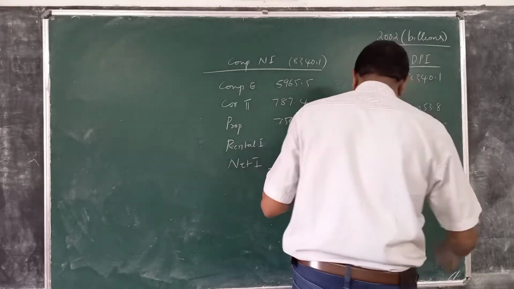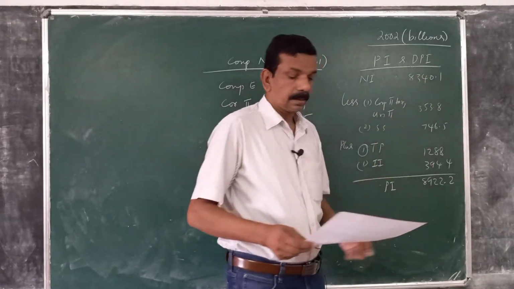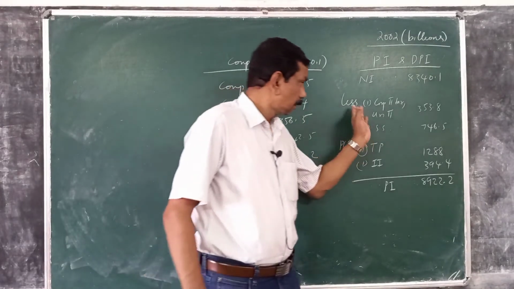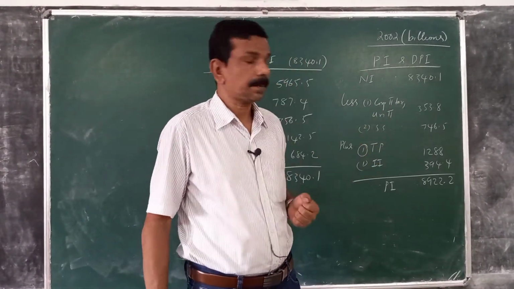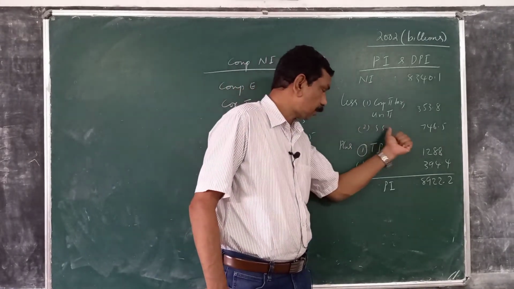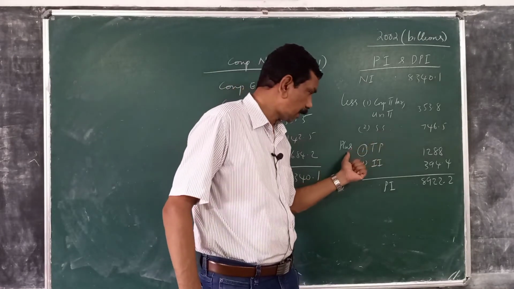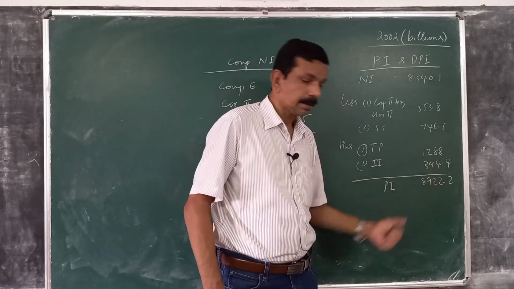That will give you personal income equal to 8922.2. So to national income we subtract corporate profit tax and undistributed corporate profits and social security contributions, and add transfer payments and interest income, we will get personal income.